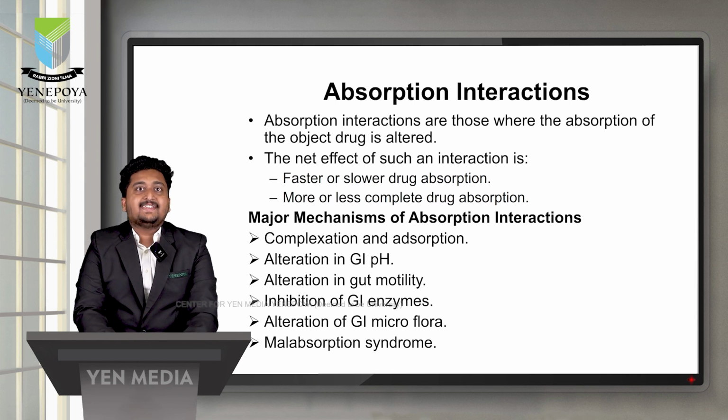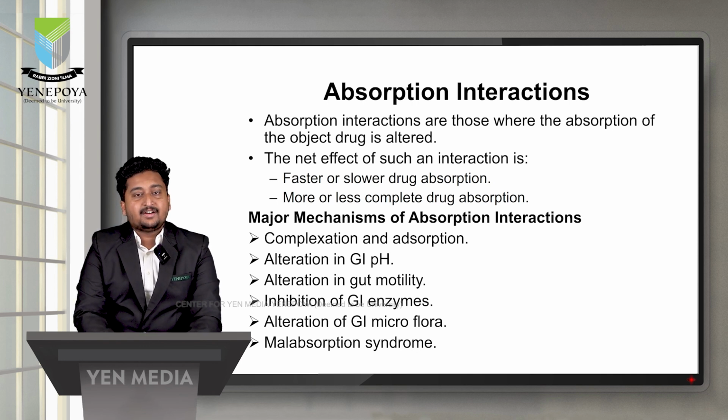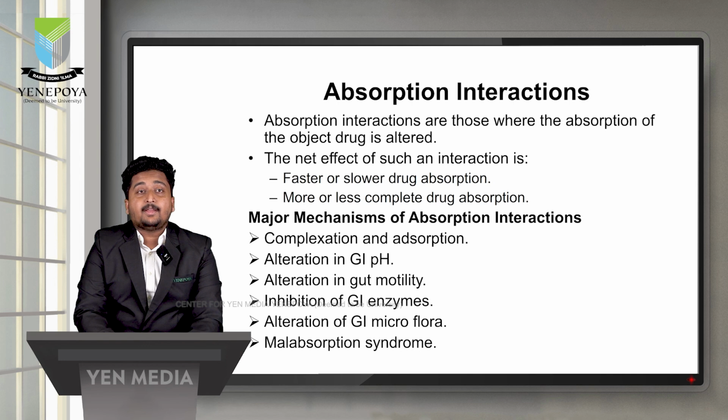First one is complexation and adsorption, which is nothing but chelation. The drugs interact with each other, they form a complex, and thereby the absorption of one drug is altered by the other. It is mostly decreased. Next we have alteration in gastrointestinal pH.